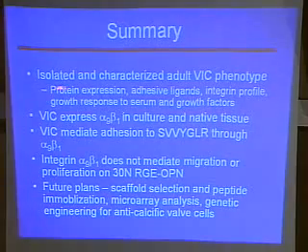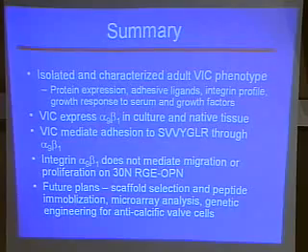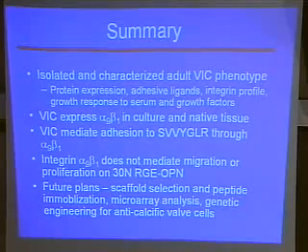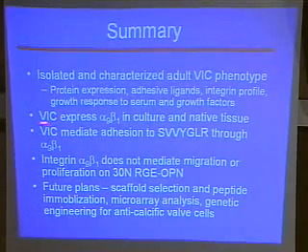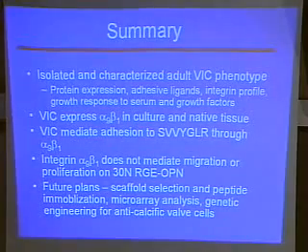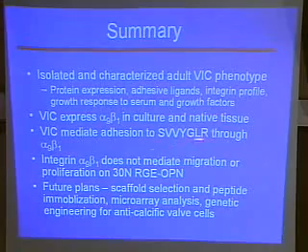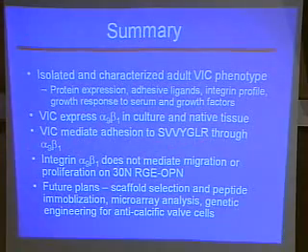So in summary, we have isolated and characterized the adult valve interstitial cell phenotype through protein expression, the adhesive ligand's integrin profile, and its growth response to serum and growth factors. We found that the valve interstitial cells express alpha-9 beta-1 both in culture and in the native tissue, and that they mediate adhesion to SVVYGLR through the alpha-9 beta-1 integrin.